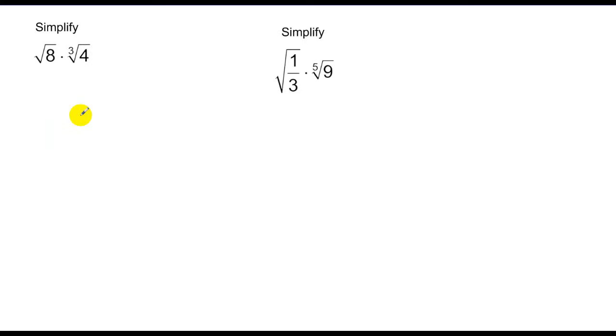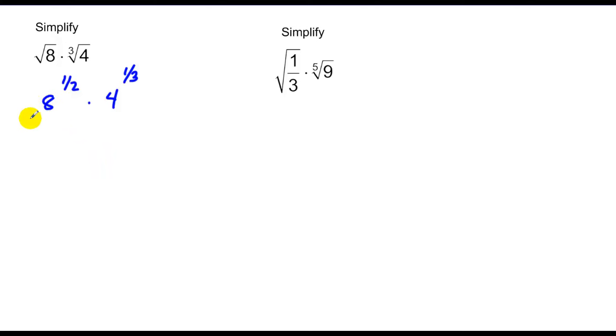so this is 2 to the 13x minus 13. So you'll notice in this example I'm asked to multiply two terms with unlike indexes together, and mathematically we can't do that. So what I'll do is I'll change these radical forms into exponential forms. This goes to 8 to the 1/2 multiplied by 4 to the 1/3, and we're still out of luck because I don't have the same base.